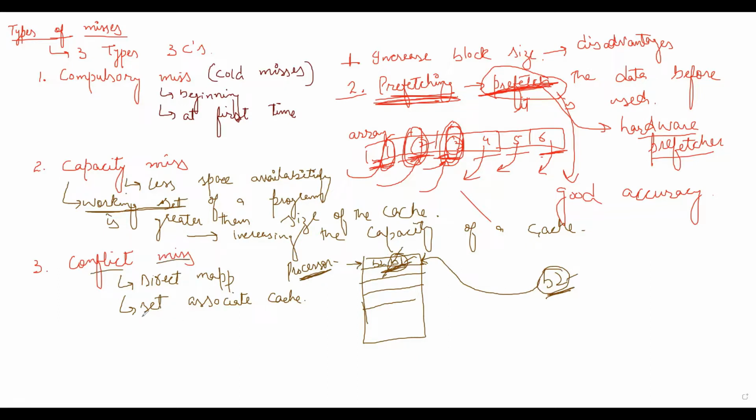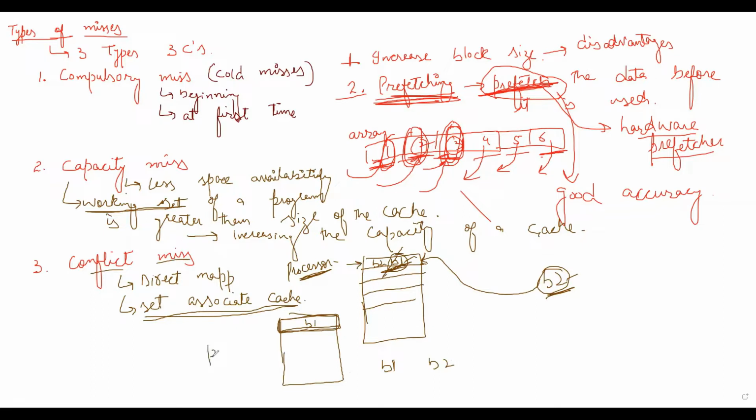Likewise, such a miss will occur in a set associative cache as well. See, this was a direct mapped cache. At this particular location, let's suppose it maps the B1 and B2 blocks. Since there is only one location, I can place only B1, let's say.